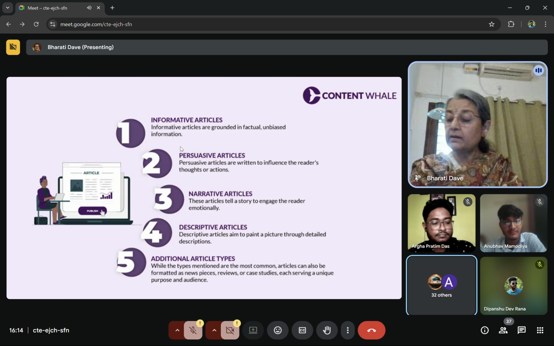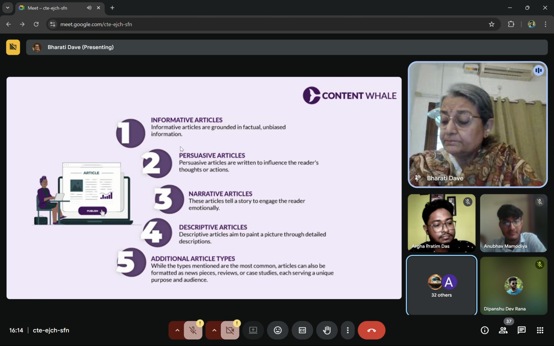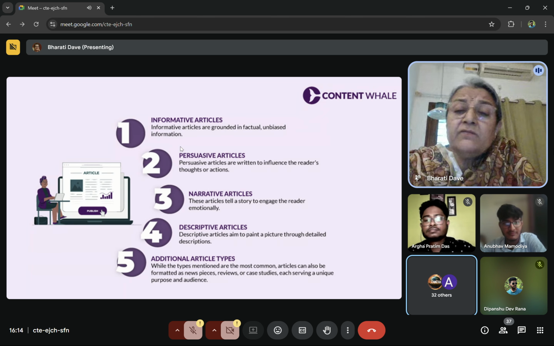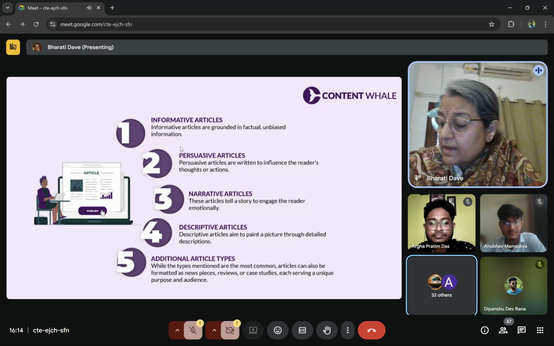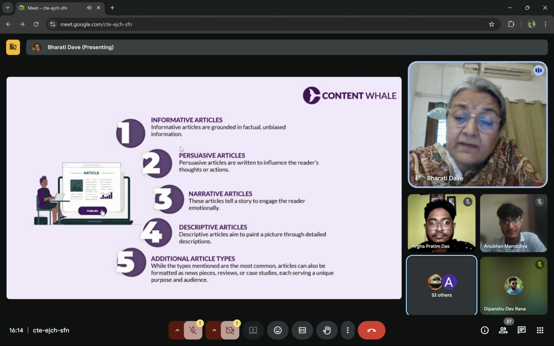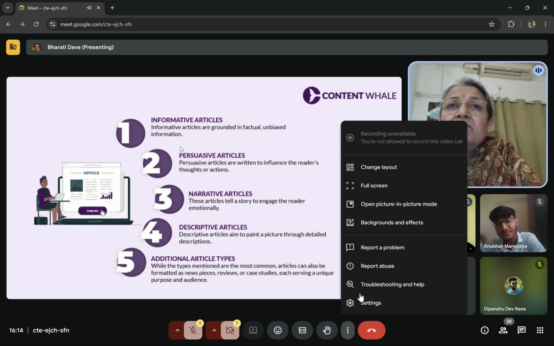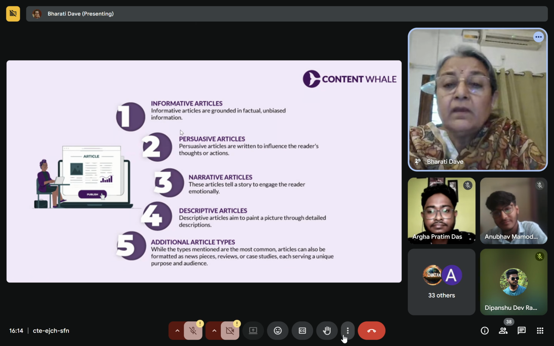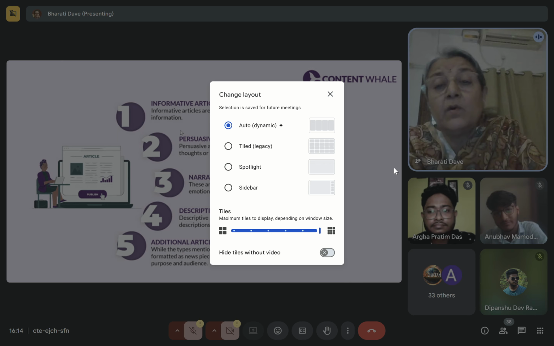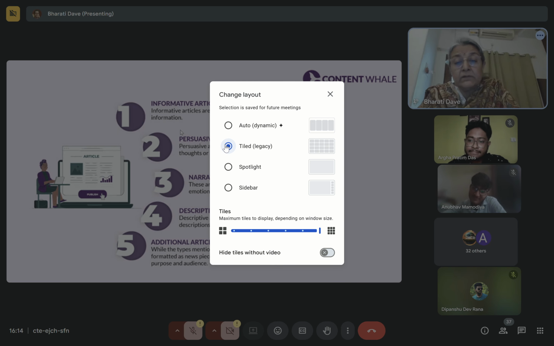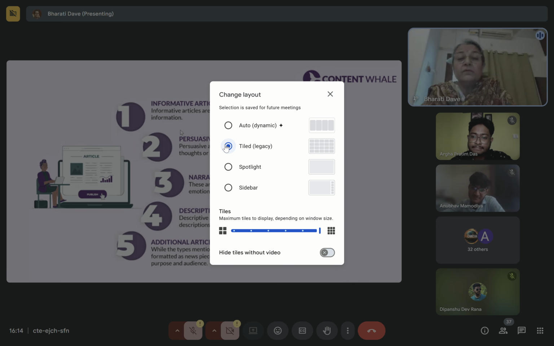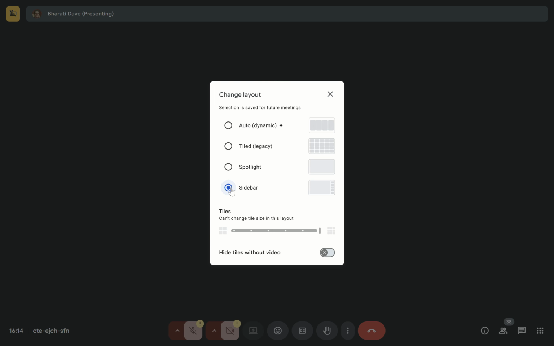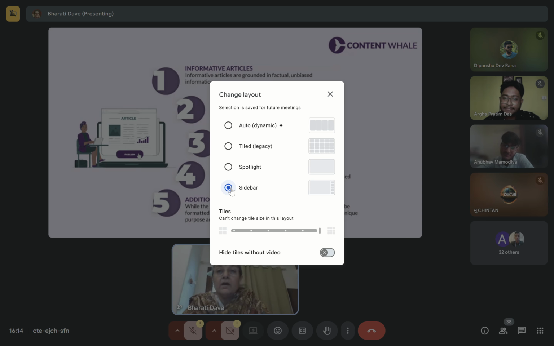When we say academic article, it has to be something factual and also concise, right? It's very different from fiction.